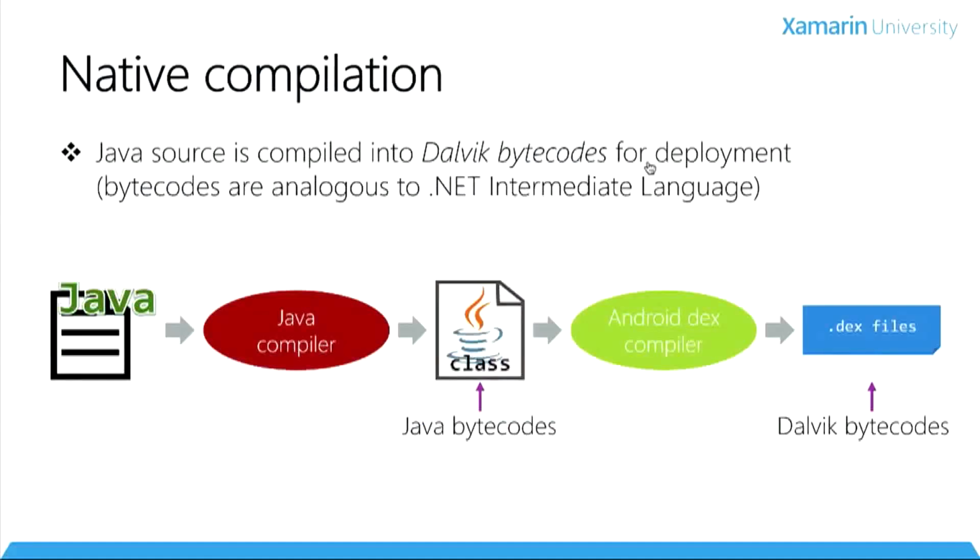Let's put aside Xamarin.Android for just a moment and talk about native Android development. So you start with a Java source file, and your Java source files go into the Java compiler and get translated into Java bytecodes, so you end up with class files. And then for Android, those class files are fed into a second compiler called the DEX, or Dalvik executable compiler, and then you get Dalvik executable files.